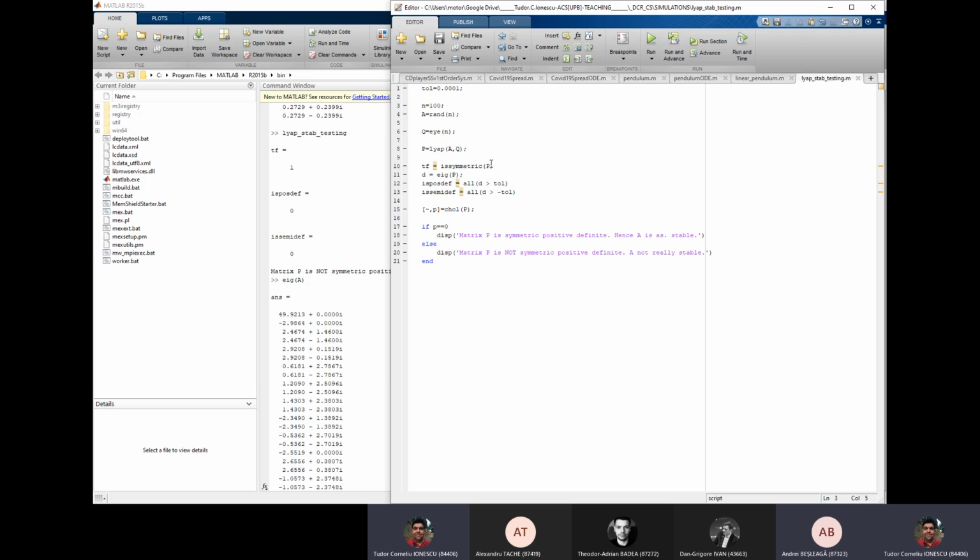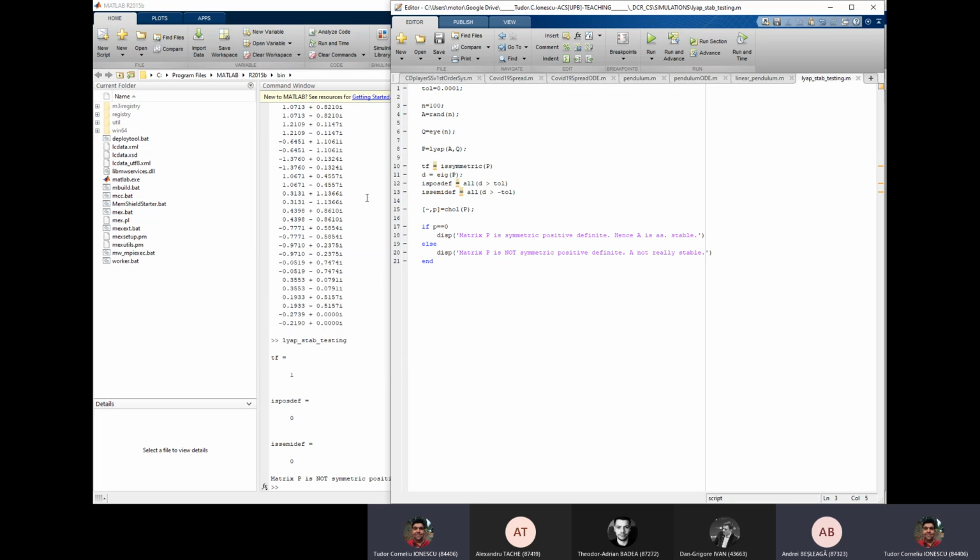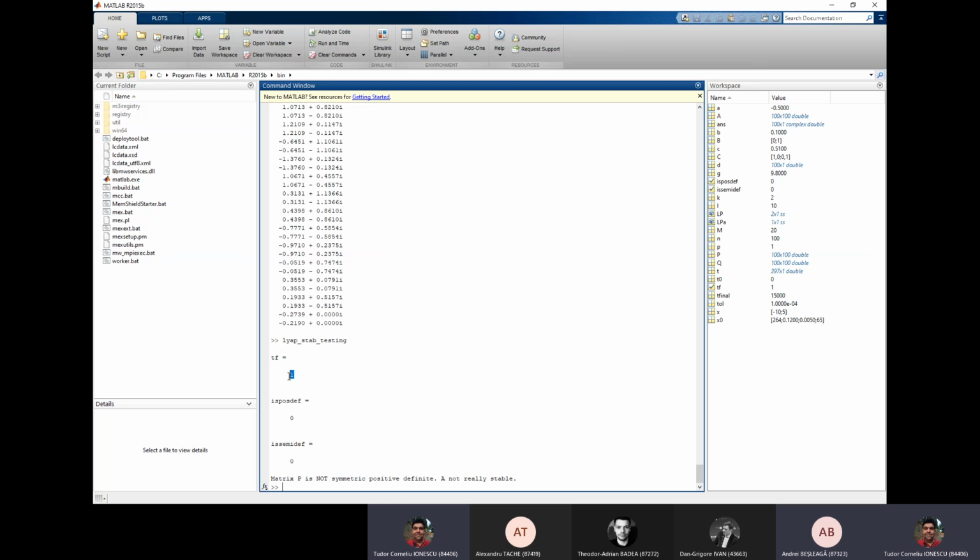You see, the asymmetric check here is not working really properly, if you ask me. But it displayed something after this eigenvalue display. Look, this is okay. So it says 1 here.